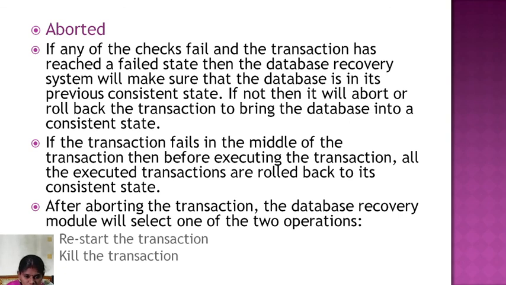First one is restart the transaction, and second one is kill the transaction. If I kill the transaction, then I can restart the transaction and begin at the active state, then partially committed, then committed, and like that I commit the operation. So that is the 5 states of transactions.